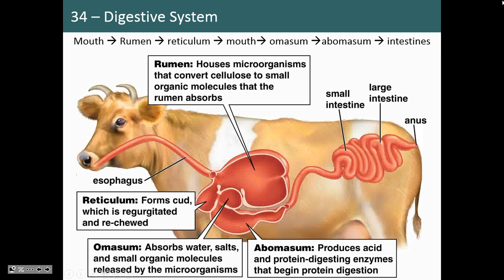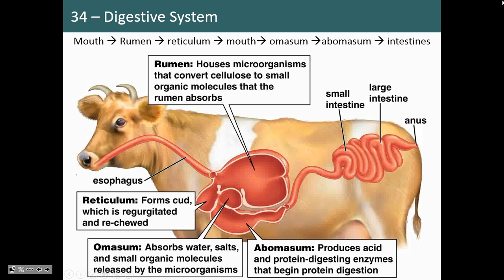And that rumen is full of microorganisms, and those microorganisms are capable of breaking down cellulose. And so when it goes into the rumen, the food moves around in the rumen. Liquid separates from solid. The solid forms a mass in that rumen, and the rumen does a fermentation process, basically.